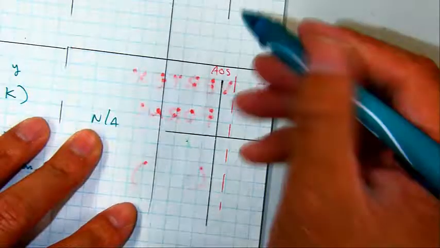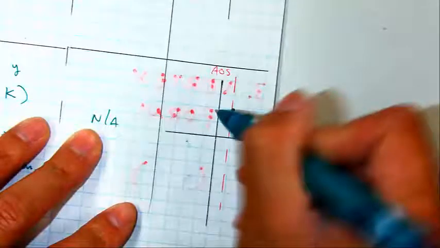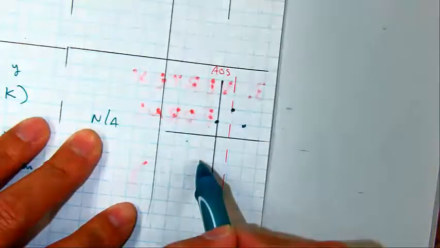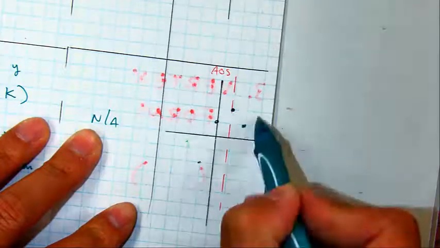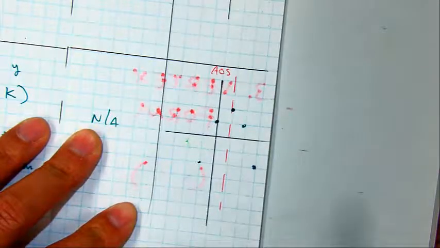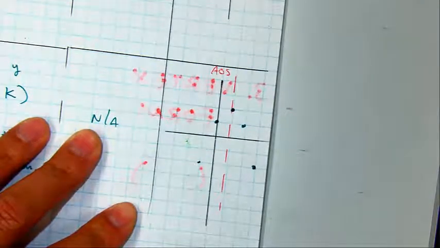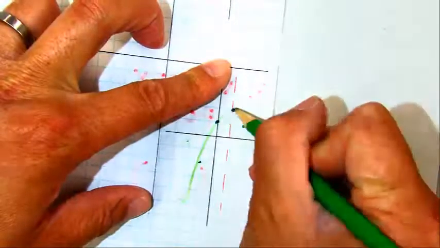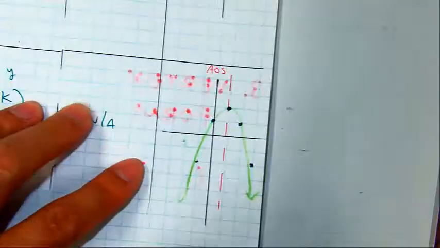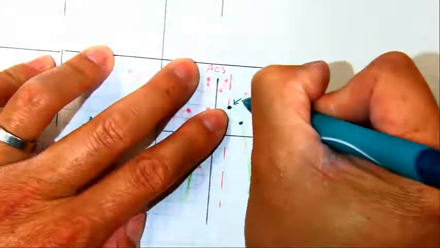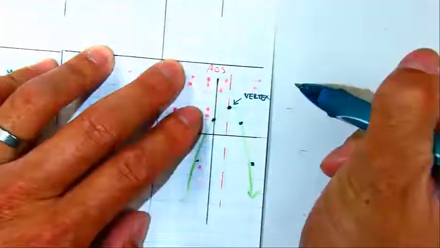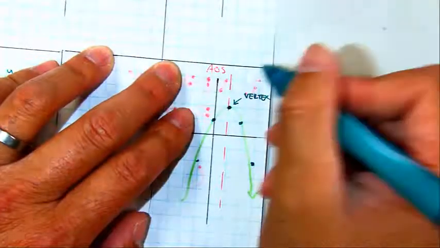Let's put one on there. And then from here it's left 2, down 4, right 2, down 4. And then the graph's going to look something like this. And right here we have the vertex. And that is the ordered pair h, k.